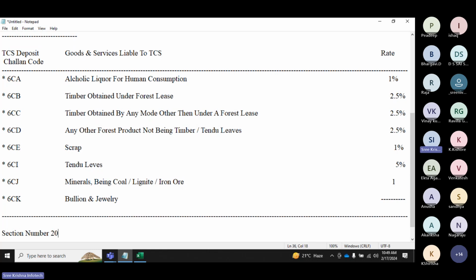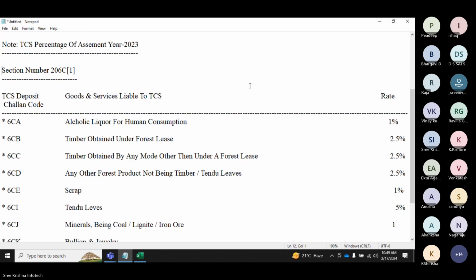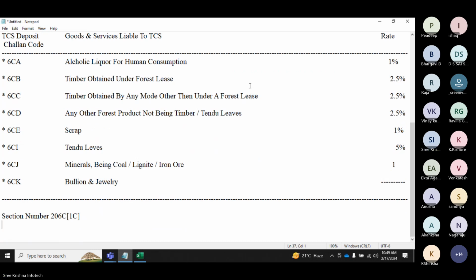Next one, section number 206C. Subsection is 1C. ఇంతకు ముందు ఓన్లీ 1 ఉండే కదా, చూడండి, ఓన్లీ 1. ఇప్పుడు 1C.